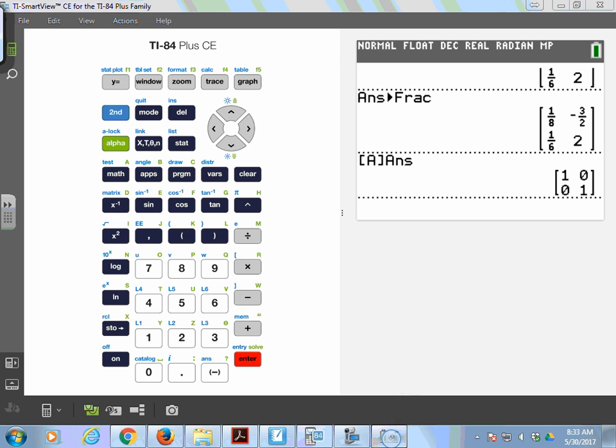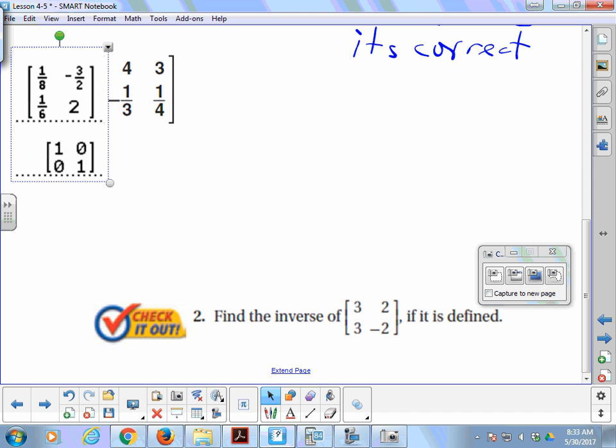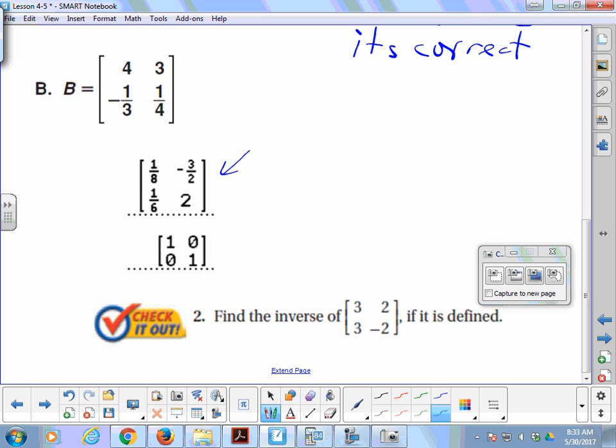We can see that this matrix does have an inverse, and that is the inverse there. So here's our inverse, and here we checked it.